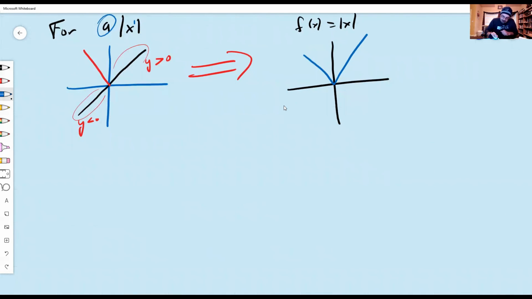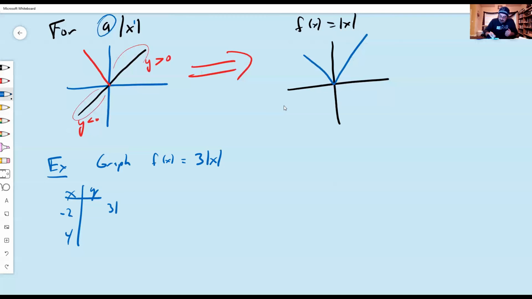So, for example, graph f of x equals, I don't know, 3 times the absolute value of x. I know it's a v at the origin, so I can test a couple points. Let me make a quick table here. Let's try -2 and 4.